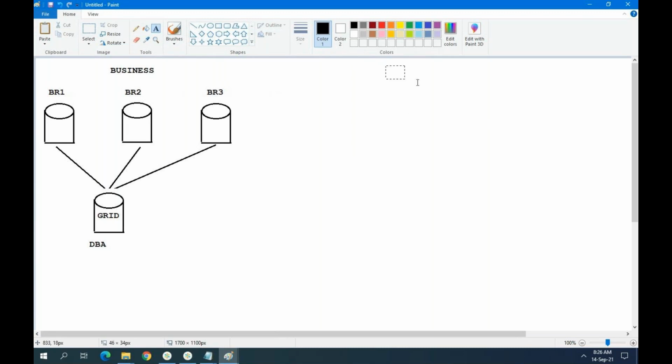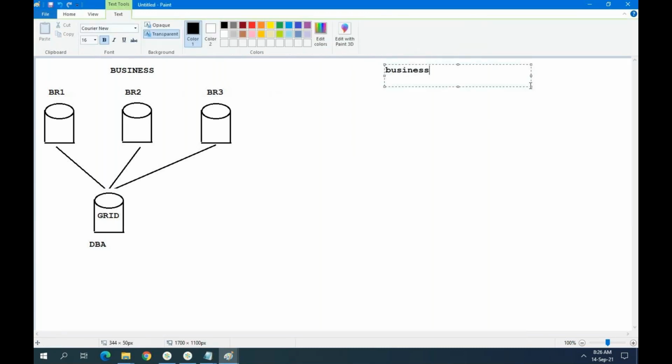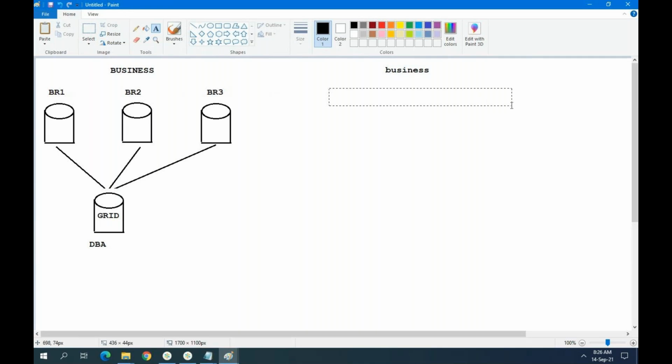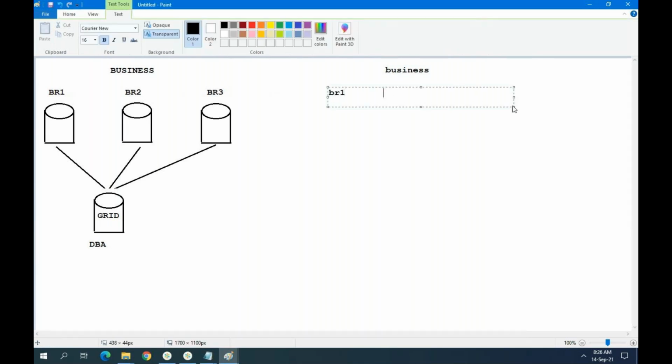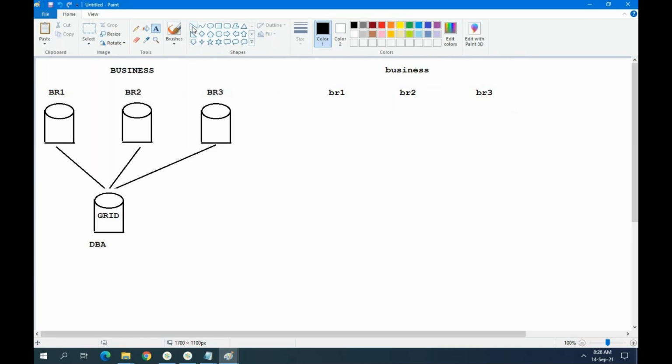Assume that there is a business with branches: branch 1, branch 2 and branch 3. Under each branch, there is a database server. It is the same diagram, I am not changing anything, but you need to understand what OLTP is and what OLAP is.